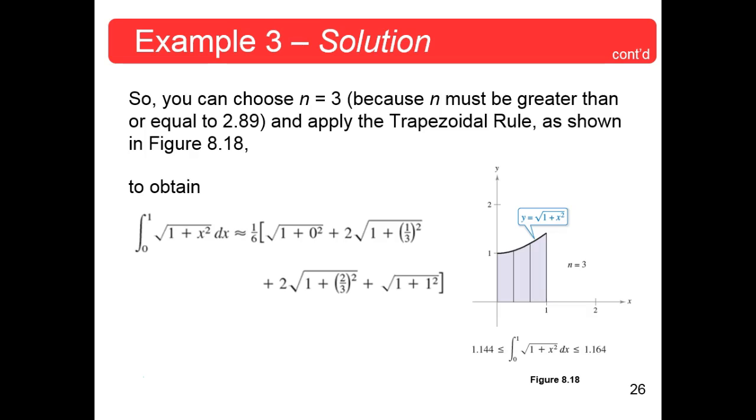Our interval is 0, 1/3, 2/3, and 1. So 1 times the value here, 2 times the value here, 2 times the value here, and 1 times the value there. So they did this at those places.